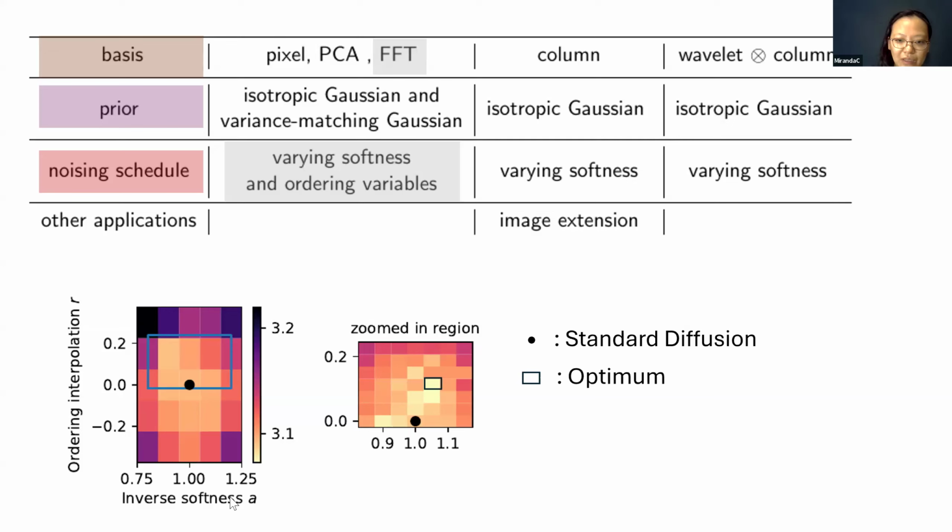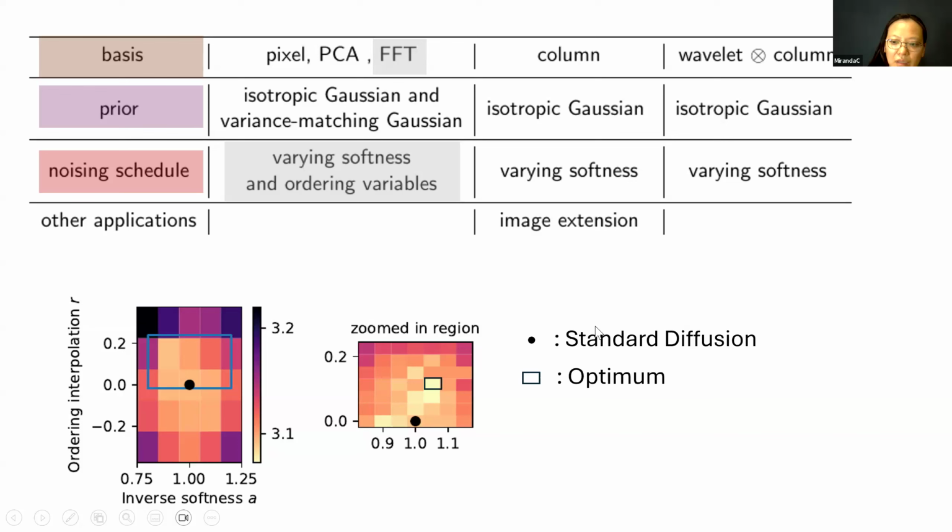One tunes the softness parameter, and the other, it's a bit hard to explain, but we tune the spacing between different degrees of freedom, how close by they are in terms of their noisy state, roughly speaking. The zoomed-in region is this, and the standard diffusion point is the black dot. So the optimum is still very close to standard diffusion. This is again for CIFAR-10.